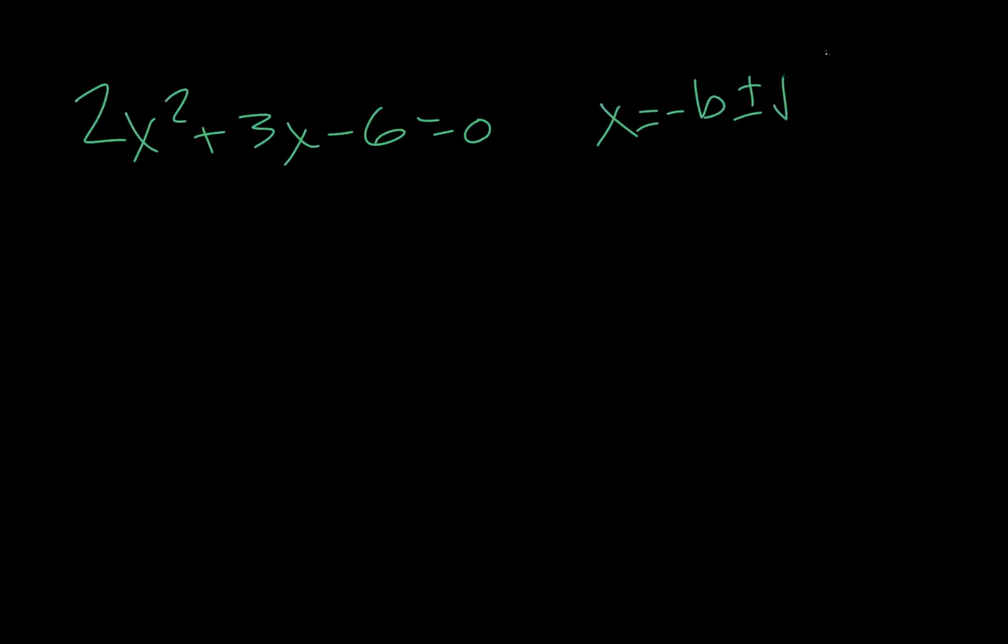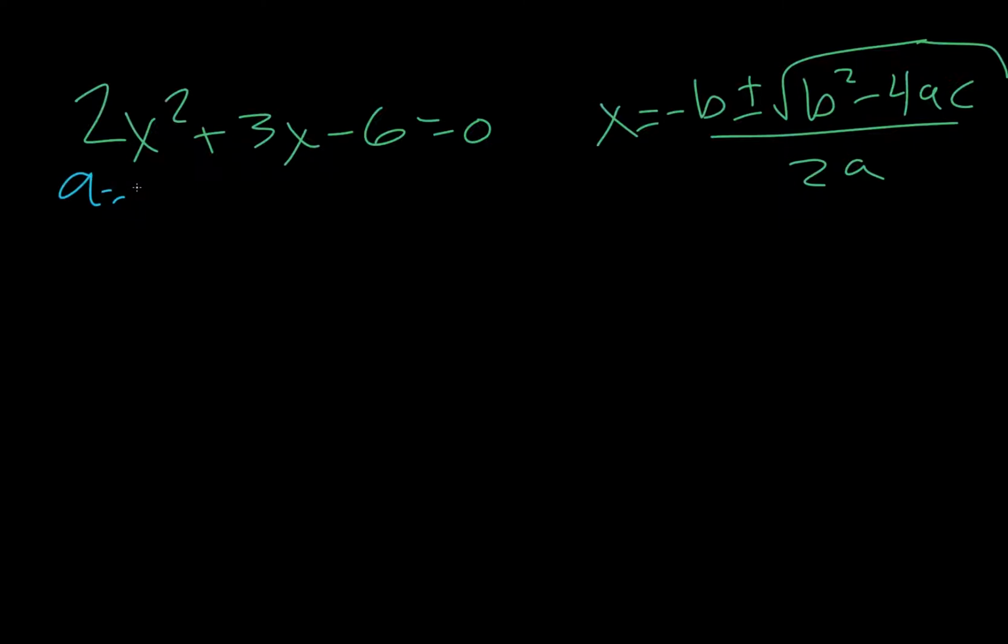Now we're going to do the second part of example 11, which is asking the same question. Okay, so I'm just going to write the quadratic formula again. Okay, first step, write your A, B, and C. So A is 2, B is 3, C is -6.